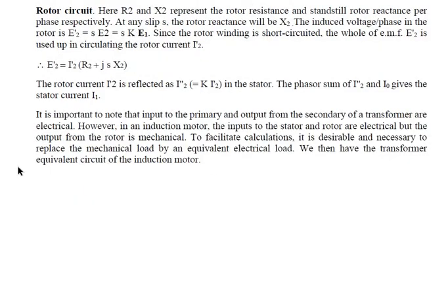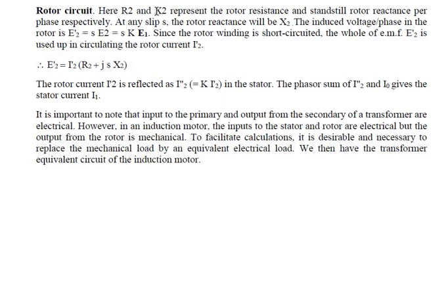Now we will discuss the rotor circuit. In the rotor circuit, R2 and X2 represent the rotor resistance and standstill rotor reactance per phase respectively. R2 is the rotor resistance and X2 is the rotor reactance per phase.